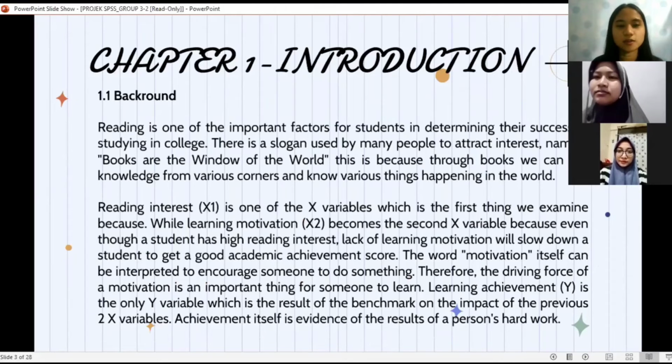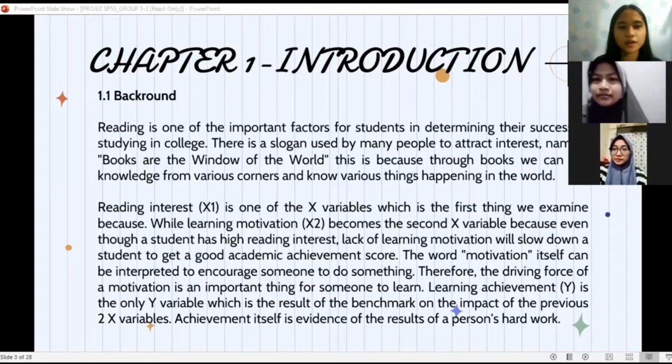Okay, chapter 1, introduction. We know this background. Reading is one of the important factors for students in determining their success in studying in college. There is a slogan used by many people to attract interest, namely, books are the window of the world. This is because through books, we can get knowledge from various corners and know various things happening in the world.